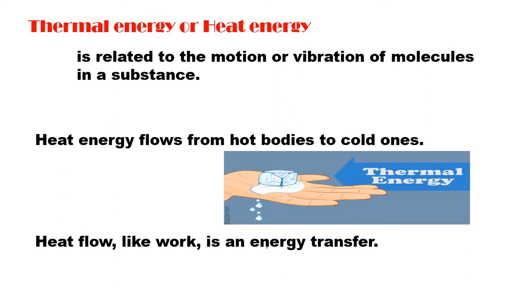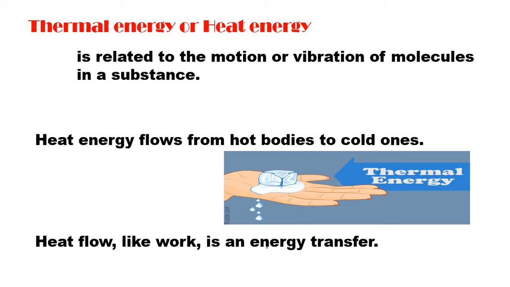What about thermal energy or heat energy? Of course, thermal is the same as heat. It's related to the motion or vibration of molecules. When you move, you transform kinetic energy into heat energy. When you rub your hands, it will produce heat energy.